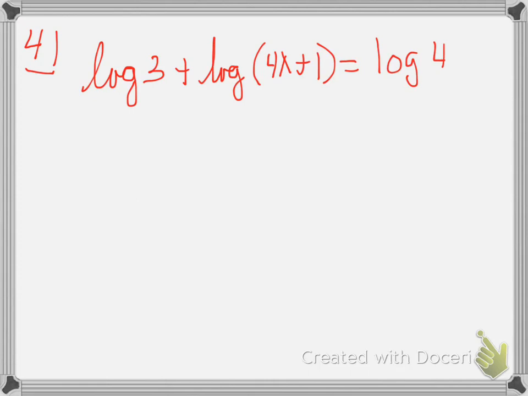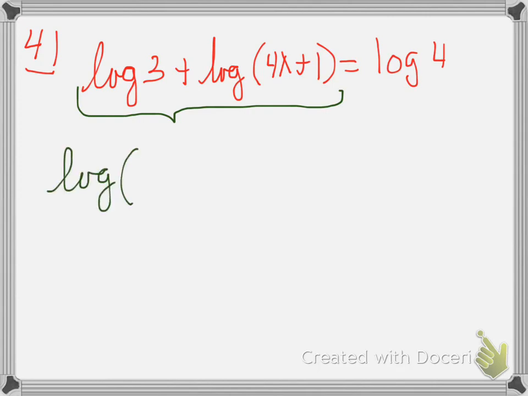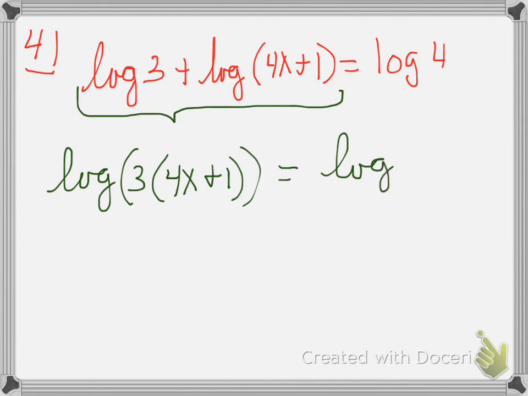What I really want to do here is write this side as a single logarithm, and that'll end up being the log of 3 times 4x plus 1, and that's going to equal the log of 4.